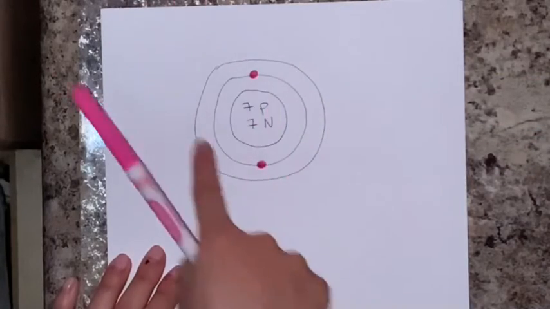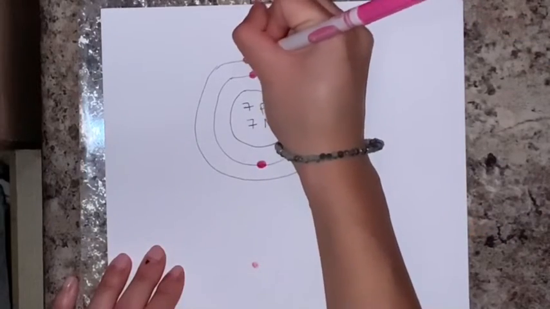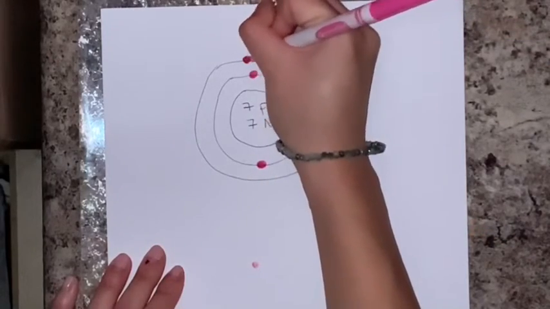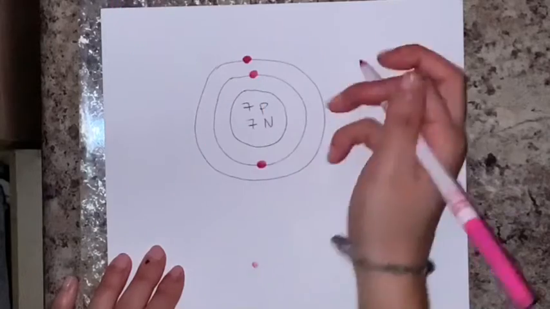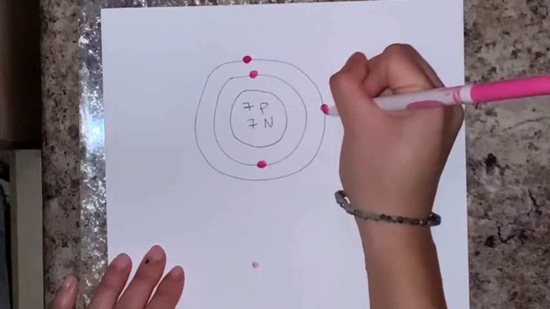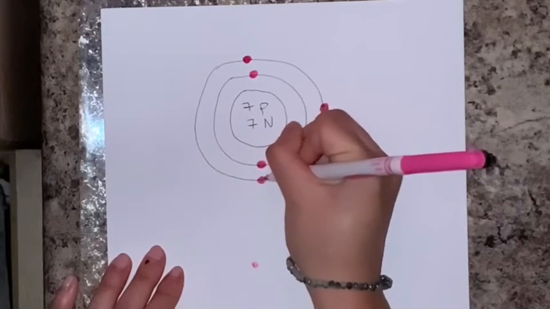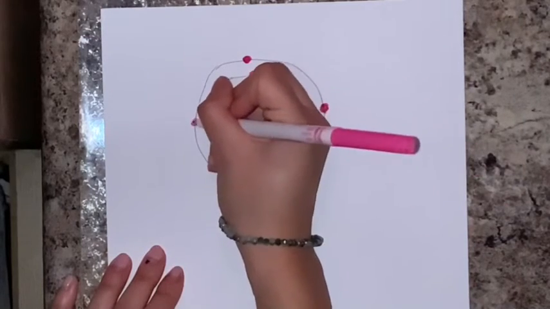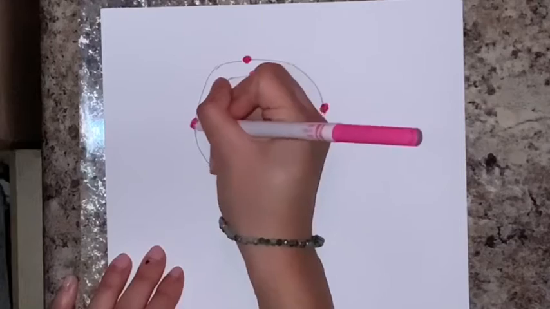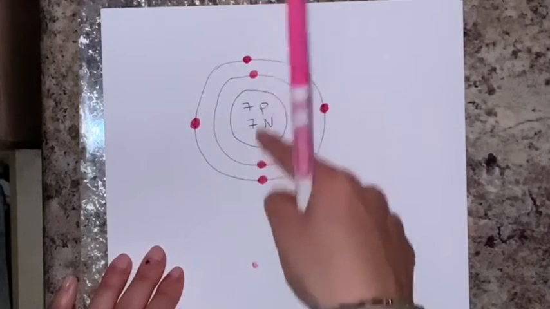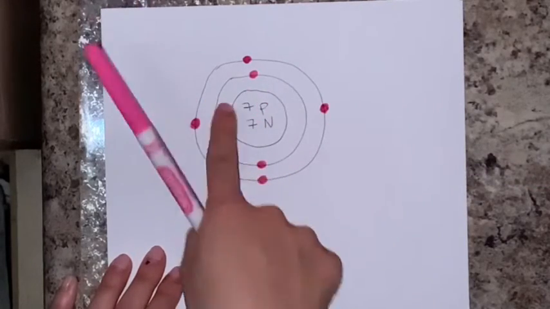And so this time we're going to separate the electrons. So we put 1 right there, the second one in the other corner, the third in the third corner, and the fourth in the fourth corner. So that's kind of like separating them in a way.